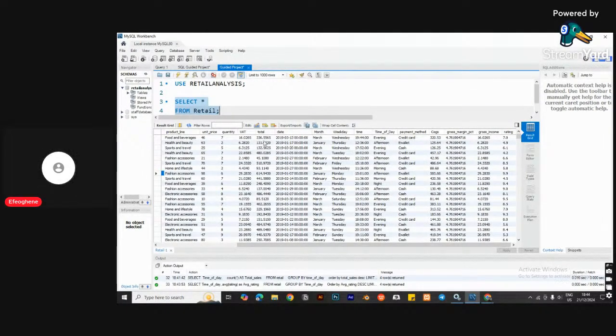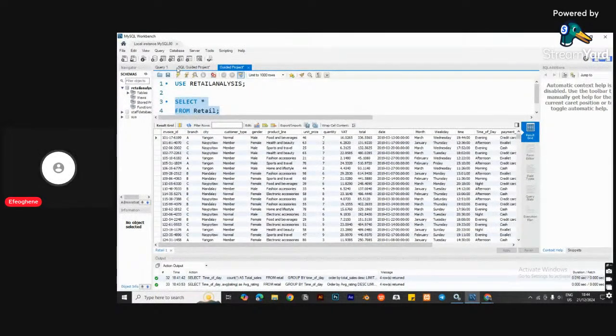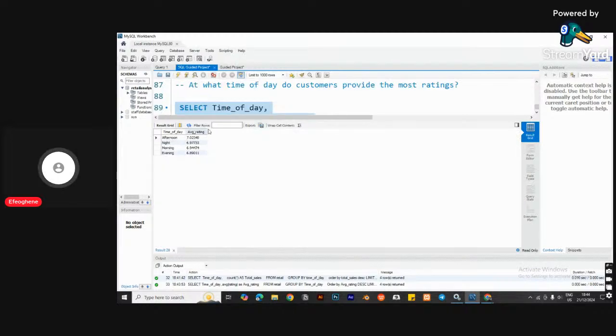So it goes through all the evenings, all right, aggregates their respective rating here. That's the average we're using, and then it returns it as this. So we have the highest average rating in the afternoons than in the evenings or mornings. All right.